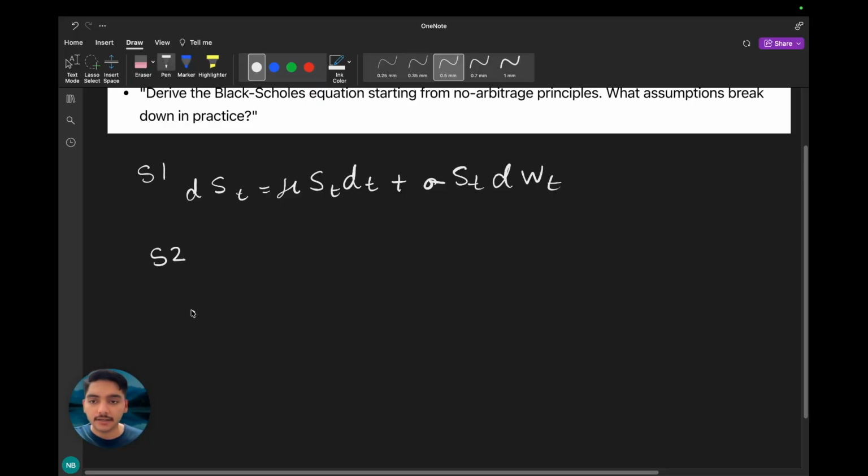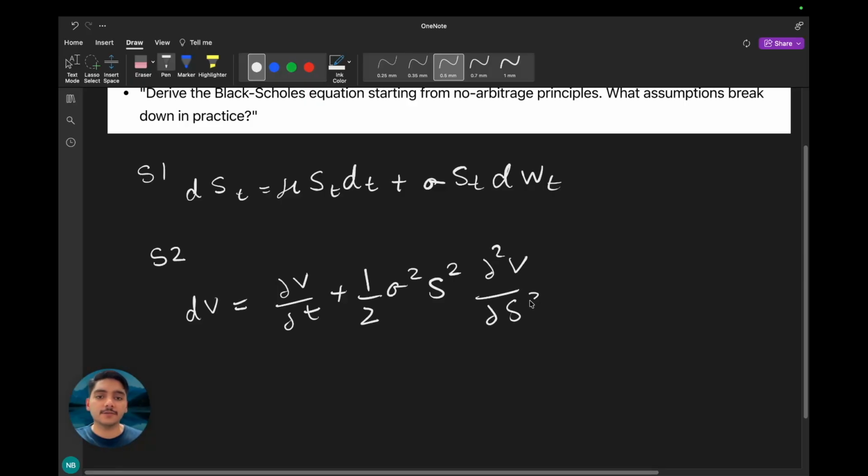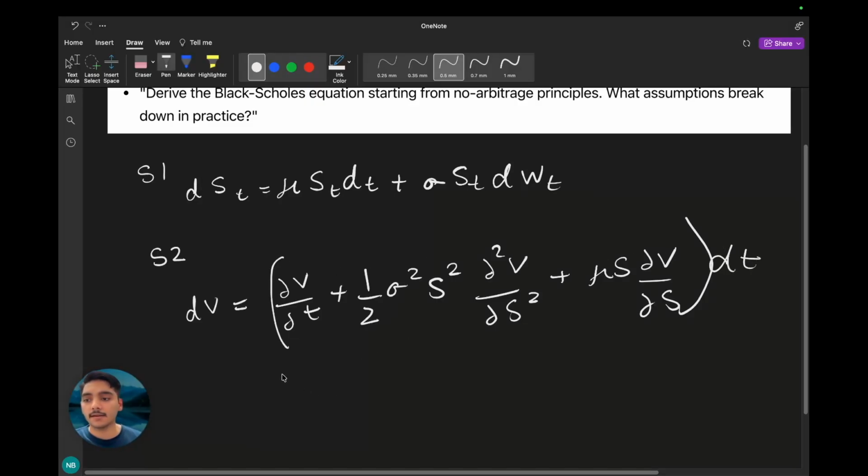So dV is equal to the partial derivative of V with respect to t, plus half sigma squared S squared times the second partial derivative of V with respect to S, plus mu S times the partial derivative of V with respect to S, and this whole thing multiplies dt, plus sigma S times the partial derivative of V with respect to S, times dW_t.